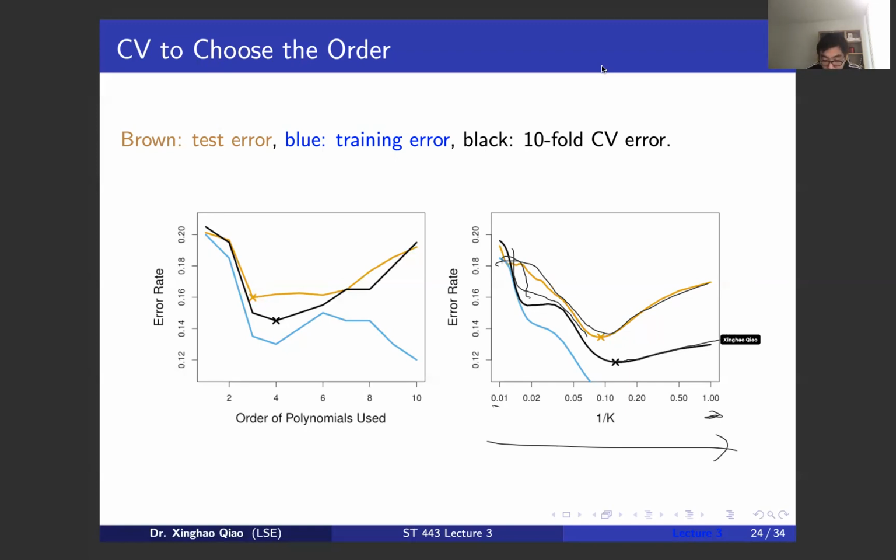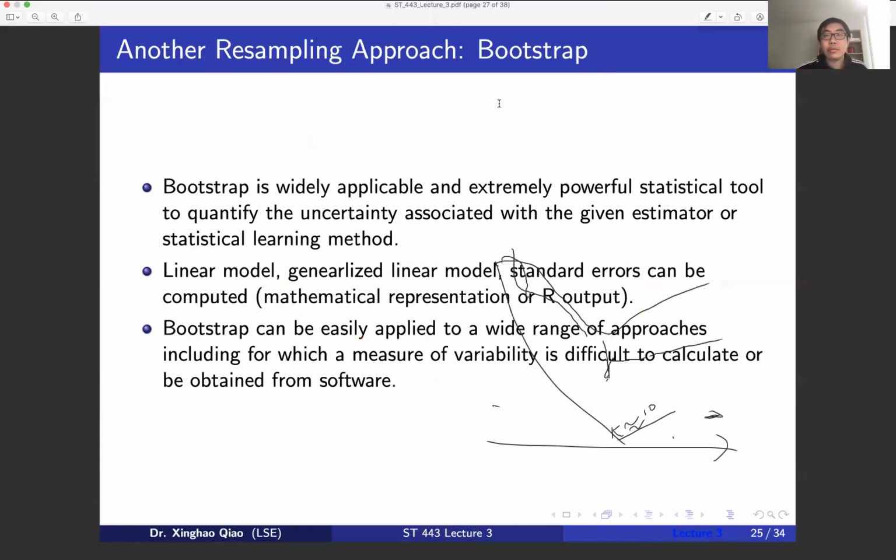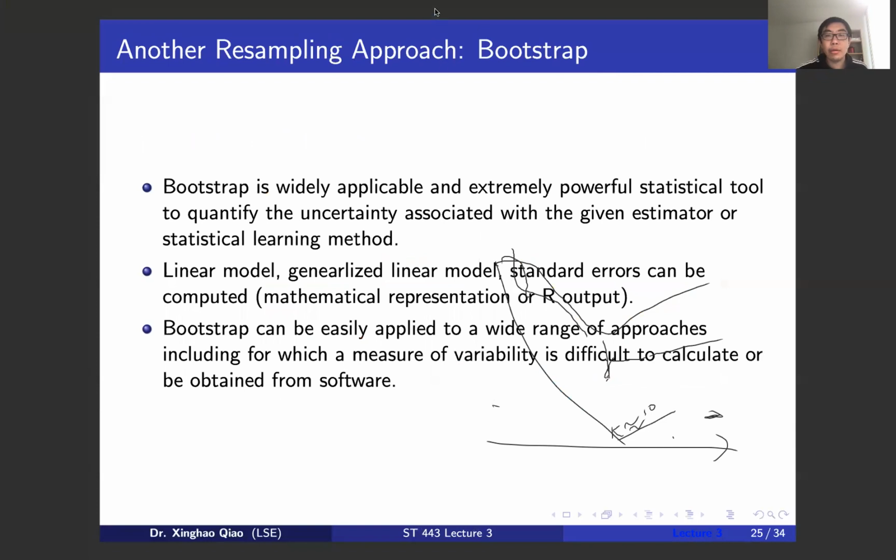In terms of the optimum number of neighbors, both roughly suggest 0.1 for 1 over k, which is equivalent to saying that k can be roughly selected as 10 here. And in terms of the training error, we can see that as the model becomes more flexible, the training error will decrease. Okay, so that's all for this part.